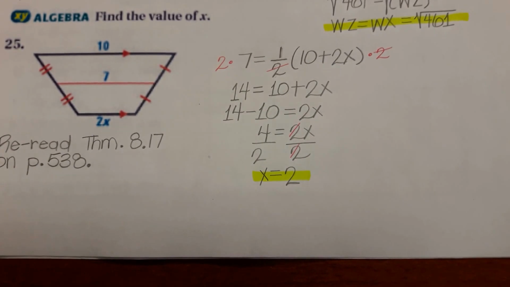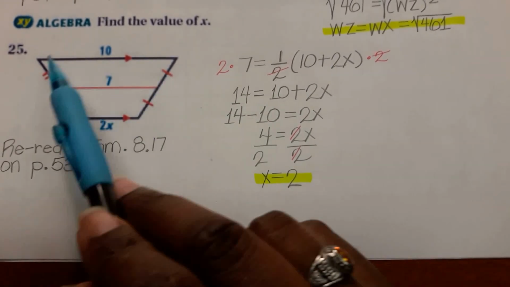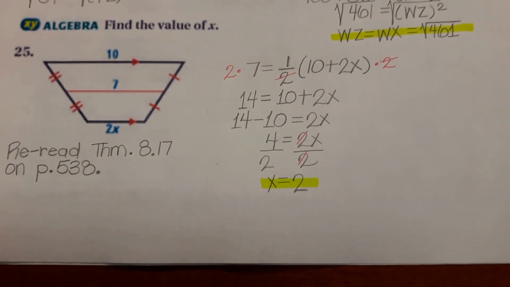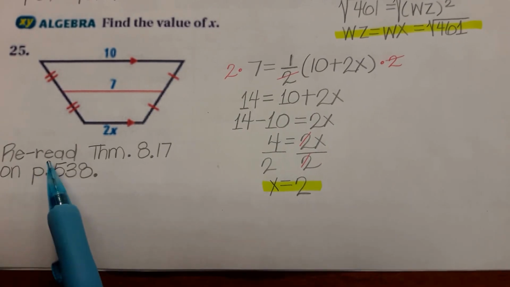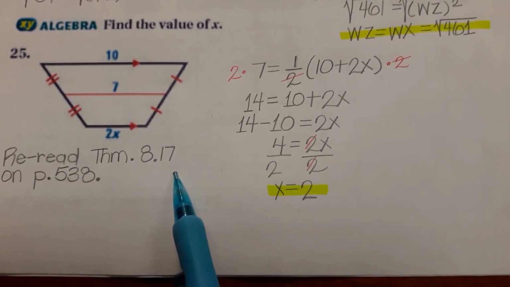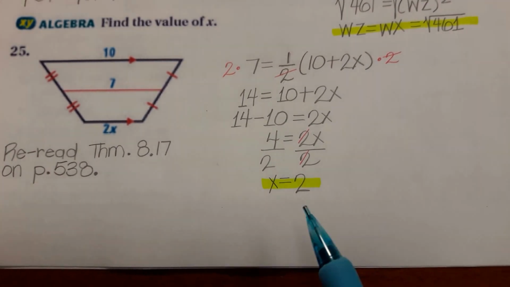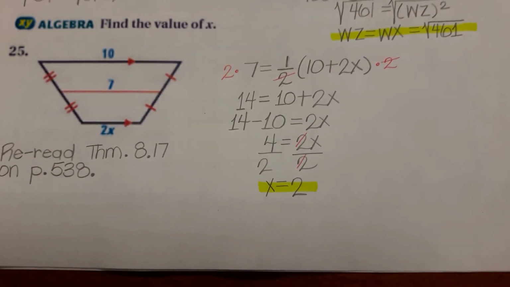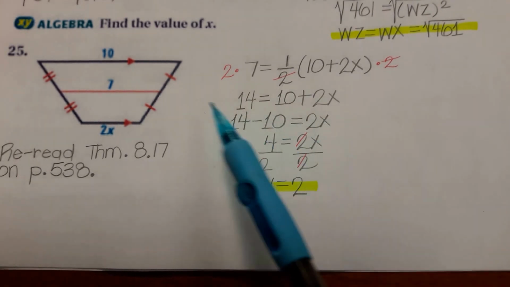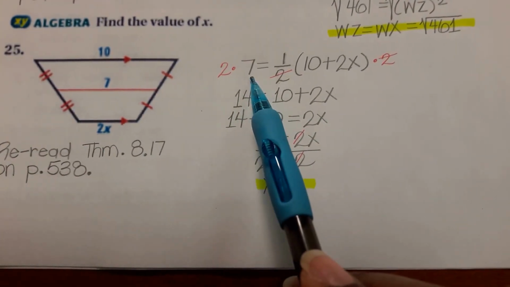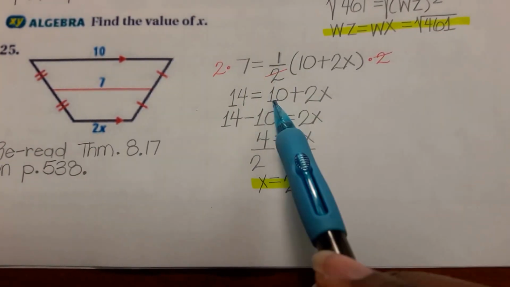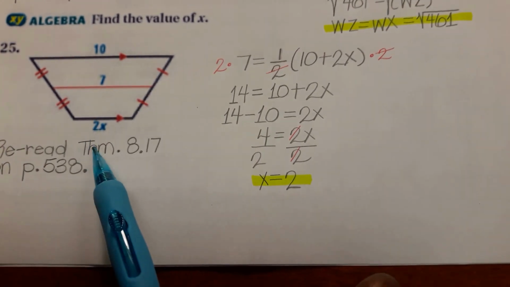Look at 25. It says find the value of x. If I look at this diagram, I'm dealing with that midsegment again. So I want to apply theorem 8.17 to this particular problem. If I apply this to the problem and do my same little format, I know that 7 is my midsegment and it's equal to half of 10 plus 2x.